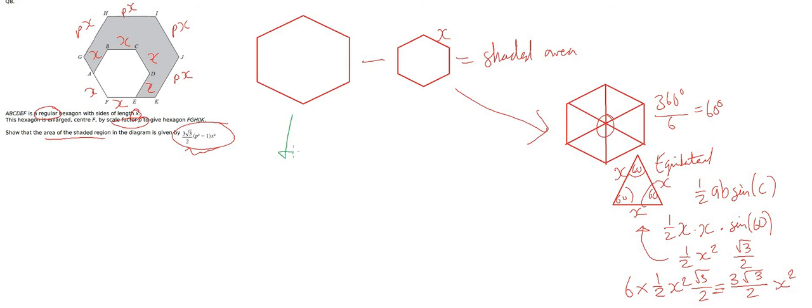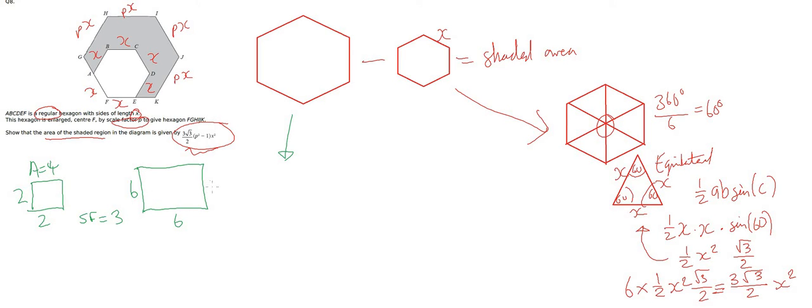Now let's do the big hexagon. So the big hexagon, remember the rule that if I have a 2 by 2 square, area is 4. Okay, if I enlarge it by a scale factor of 3, my sides all get 3 times longer. So it's going to be 6 and 6.